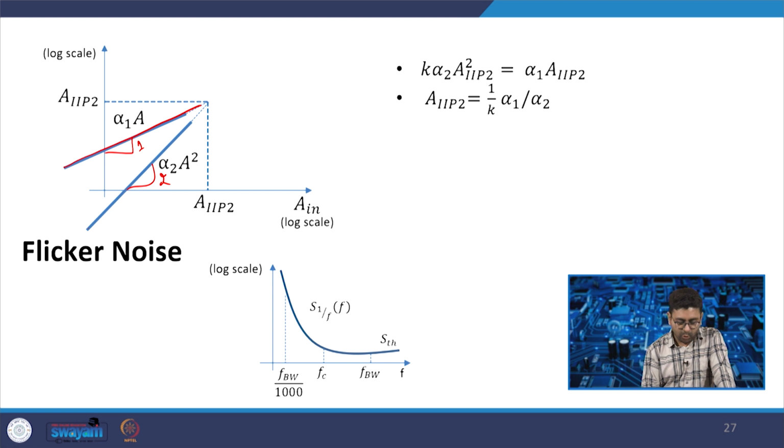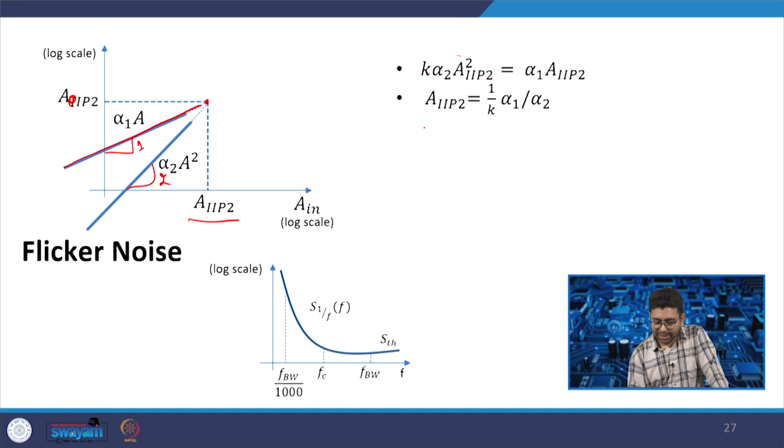When you extrapolate these lines, they will intersect at one point, and that point is called AIIP2, and at the output it is AOIIP2. So, K alpha 2 A_IIP2 squared, the point at which both will intersect, is equal to alpha 1 A_IIP2.